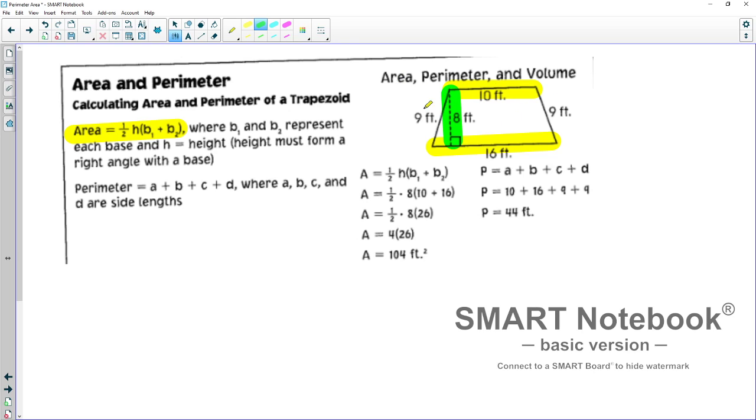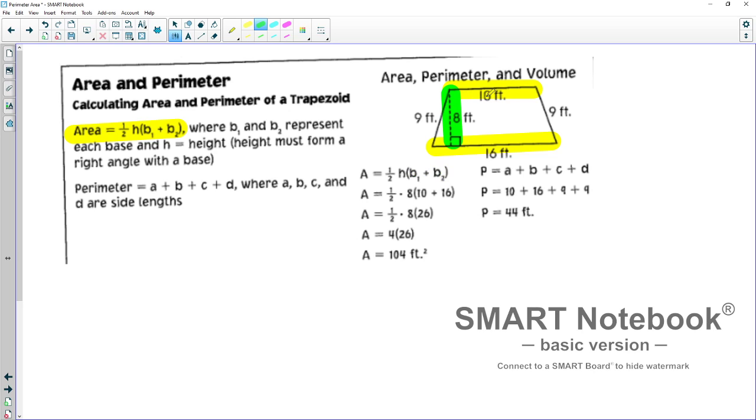So we have our two bases and our one height. As long as we have this information or can figure that information out, we can solve for the area of a trapezoid. So using just the formula as it follows, this is what you have to do. 1/2 times height times the quantity of base 1 plus base 2.